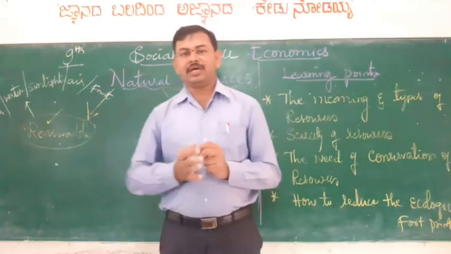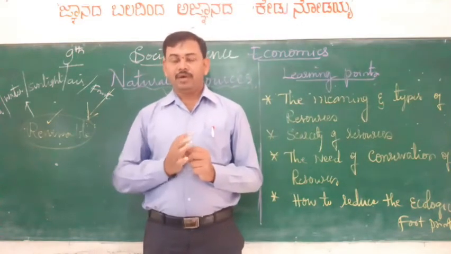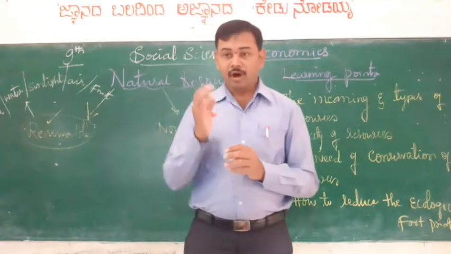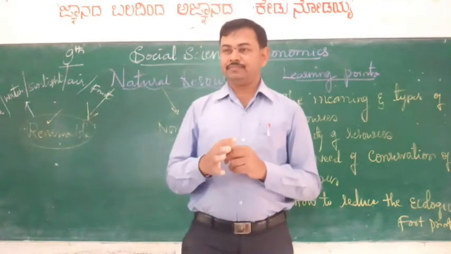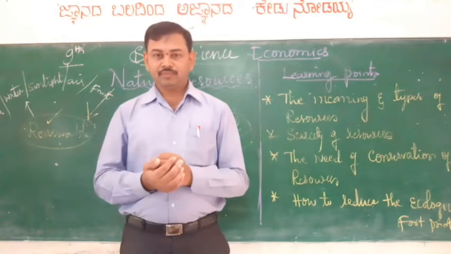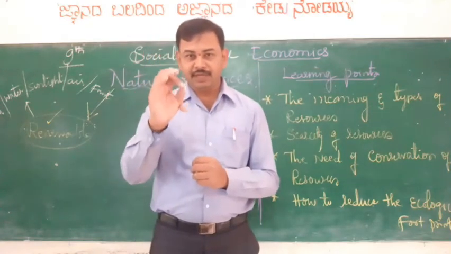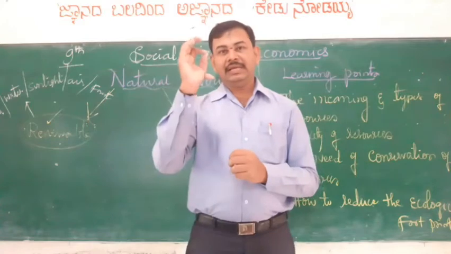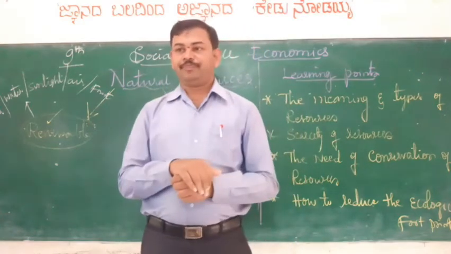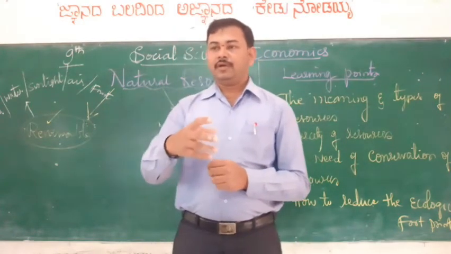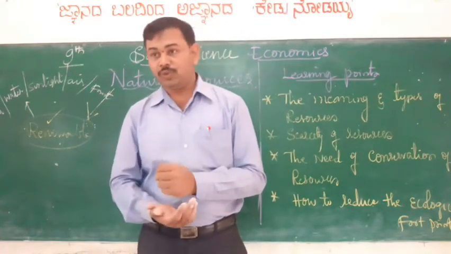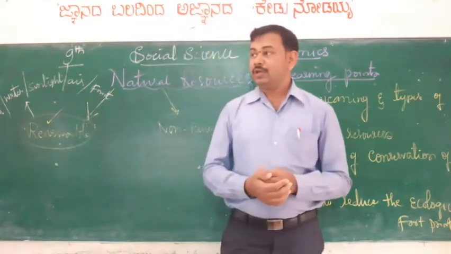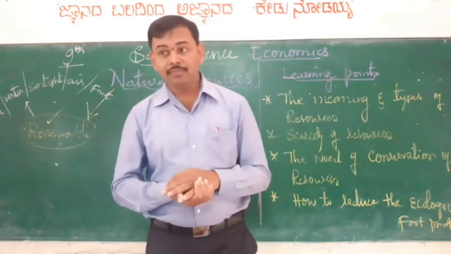The best examples are minerals like iron ore, copper, gold, manganese, bauxite, etc. These are the best examples of non-renewable resources. Along with that, mineral fuels like coal, petroleum, natural gas, uranium, thorium.